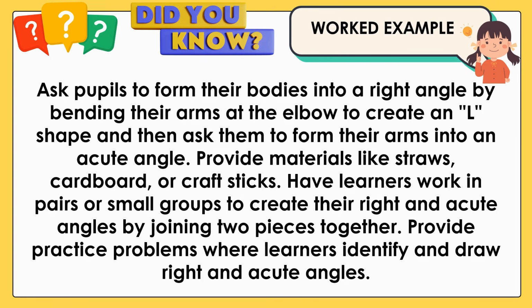Provide materials like straws, cardboard, or craft sticks. Have learners work in pairs or small groups to create their right and acute angles by joining two pieces together. Provide practice problems where learners identify and draw right and acute angles.